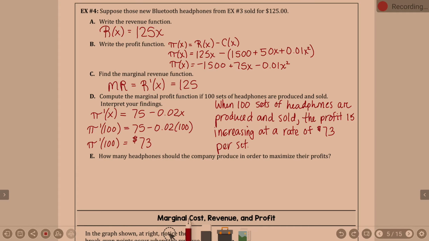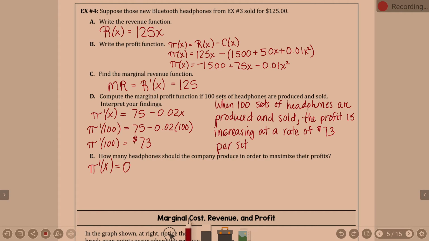Okay. So what we want to do is we have the marginal profit formula there, and we are going to set it equal to 0. We've talked about 100 so much that I just wrote 100 instead of 0.